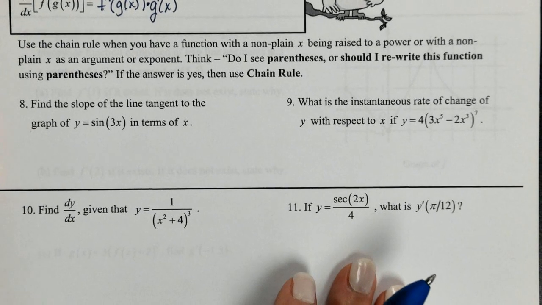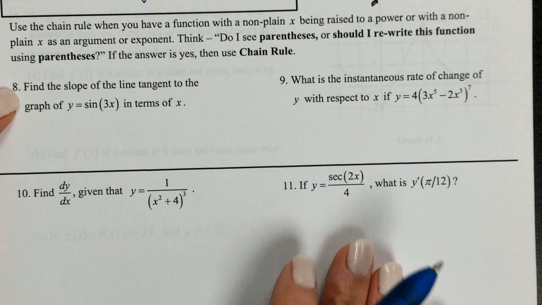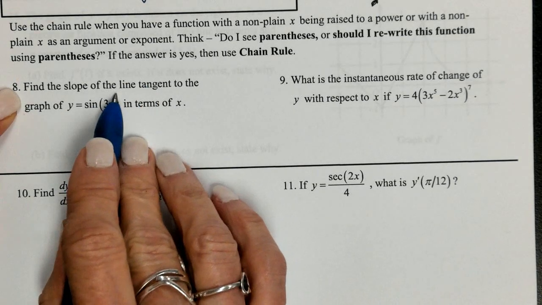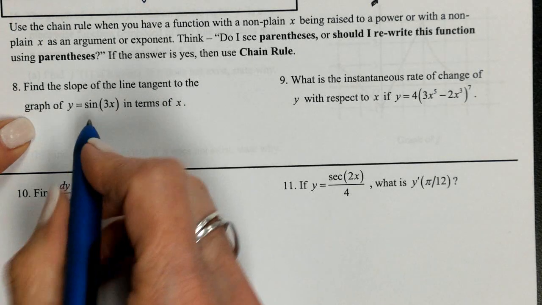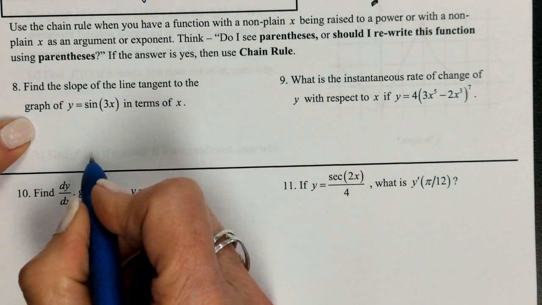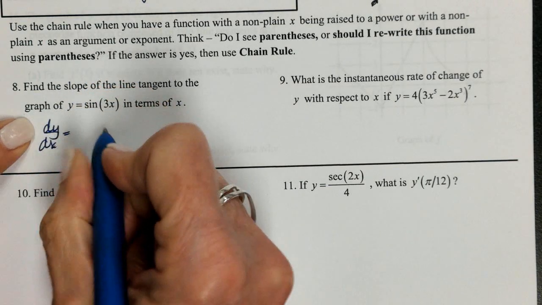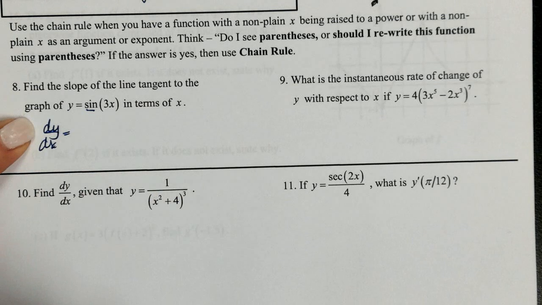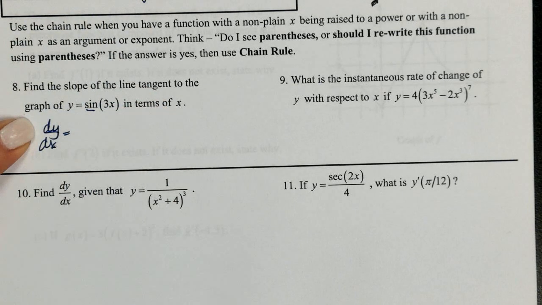All right, number 8 here. Okay. Find the slope of the line tangent. That's the derivative of y in terms of x. So I see a trig function with not a plain x. So I know this is chain rule. So I start on the outside. The outside here is sine. Take its derivative.